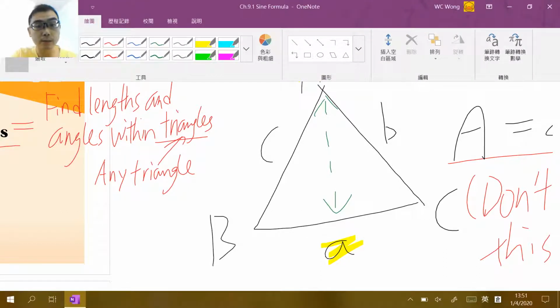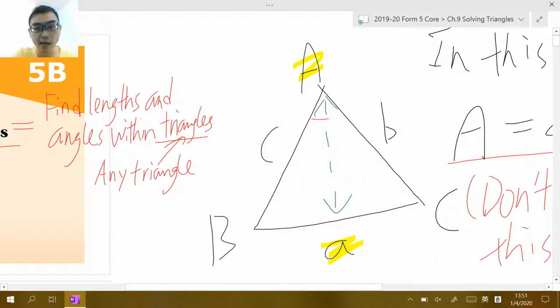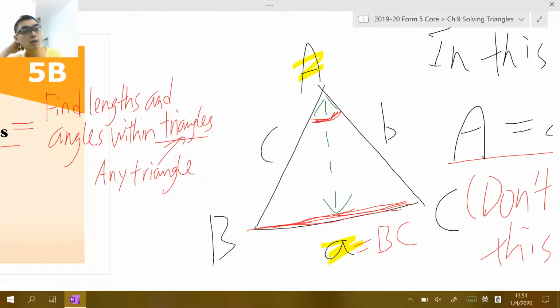If I say this angle at the point capital A, then the length which is opposite to the angle at A will be called small a. That means small a is actually the length BC. This is how the chapter usually writes, for you to understand the formula. On the other hand, it is the same for small b and capital B, and small c and capital C.